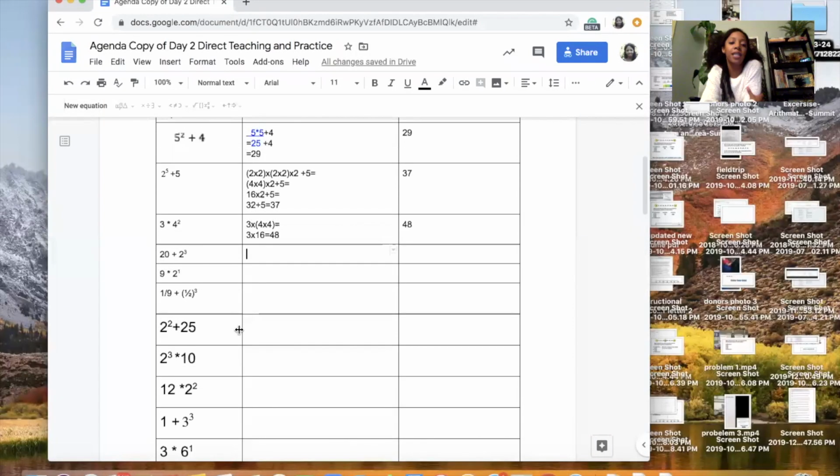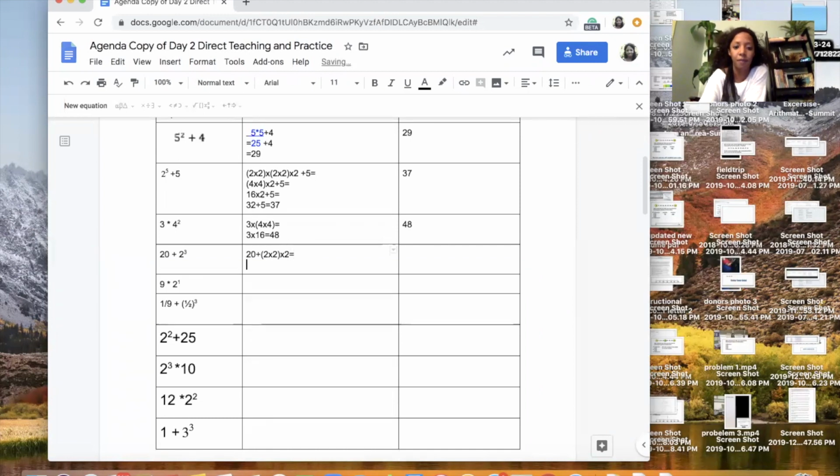All right, so our next problem is 20 plus 2 to the 3rd power. What we're going to do is take 20 plus, and we're going to write 2 out 3 times. Okay. And I like to put parentheses around my factor pairs, or my pair of factors, because I like to do them first.